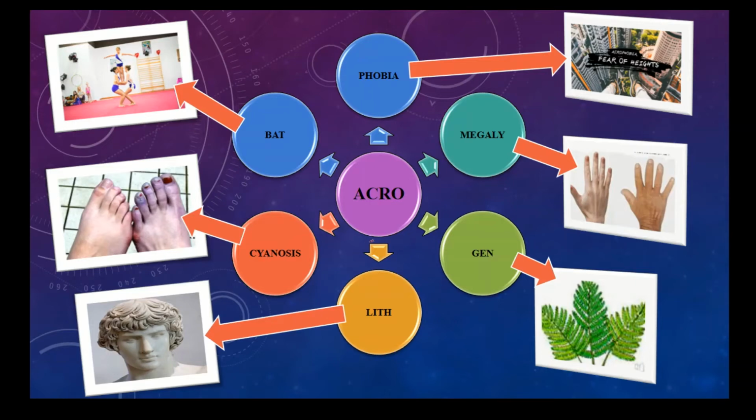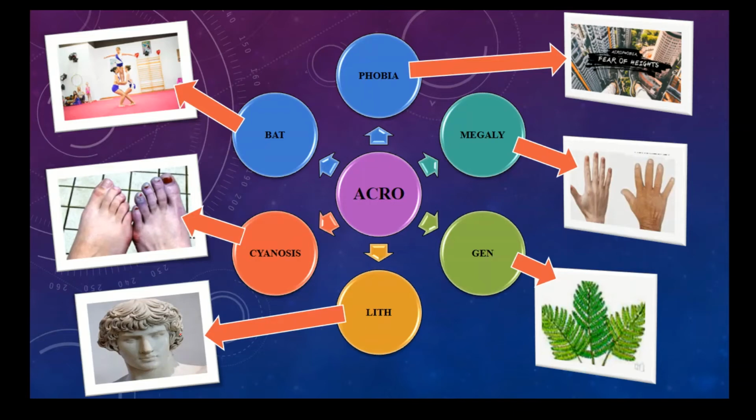Now come to the next one, acrolith. So what is the meaning of acrolith? Acro, I told you, is tip or top. The meaning of acrolith is a sculpture that has the head made of stone.